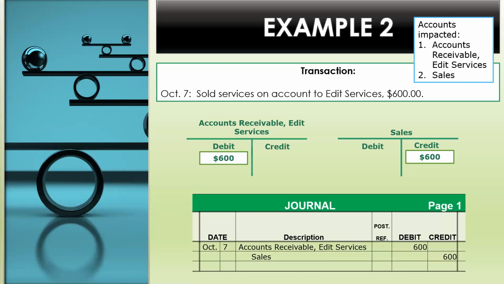You can see here in this journal entry, we have a debit and a credit, and this transaction impacts 2 accounts, accounts receivable and sales. When we journalize, we enter the date, the description of our debit, and the amount of our debit, $600. On the very next row, we are going to enter our credit, which is to the sales account, in the amount of $600.